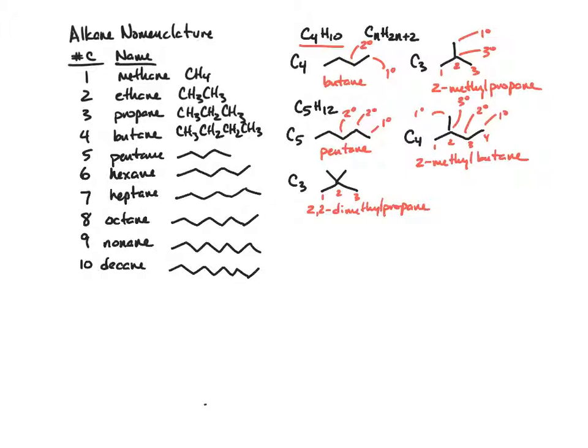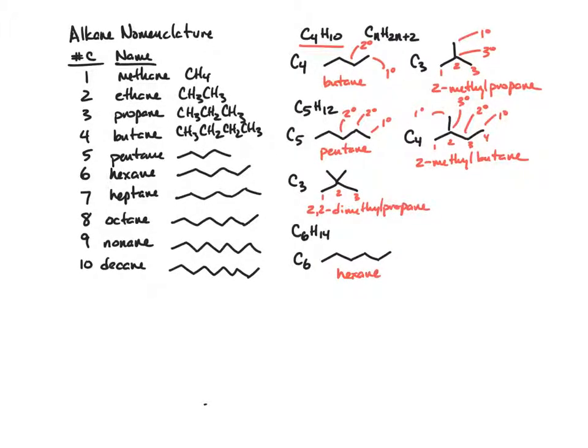So let's look at one more, and then we'll summarize the basic rules for nomenclature. We're going to continue our trend here. Let's look at C6H14. The C6 chain, again, that's just going to be hexane.